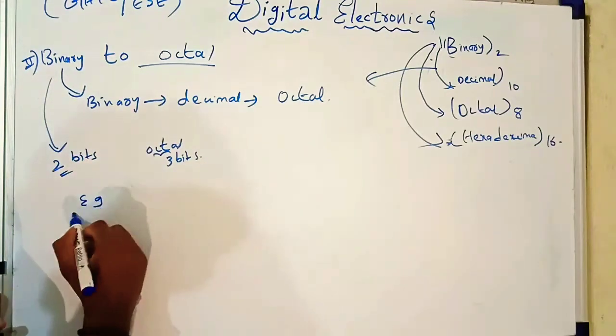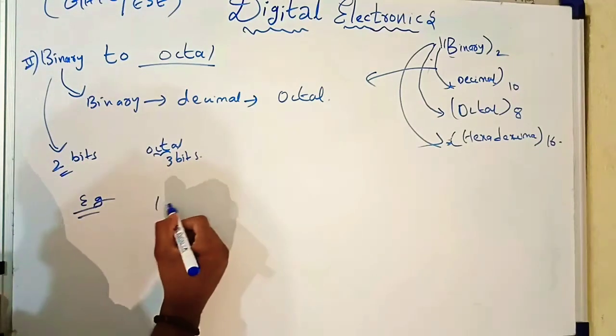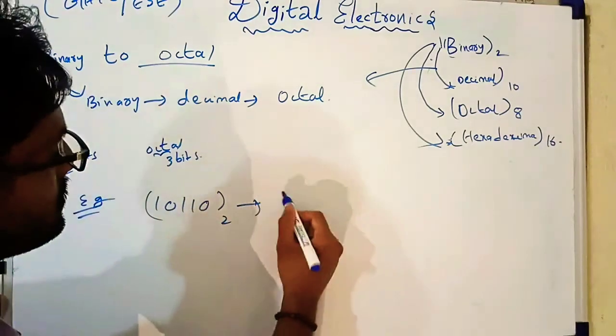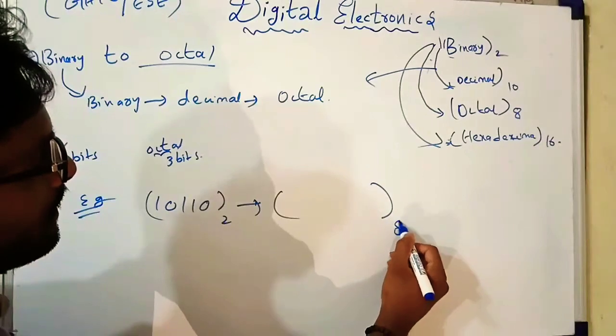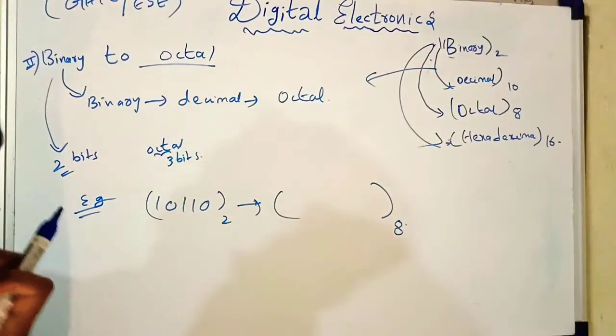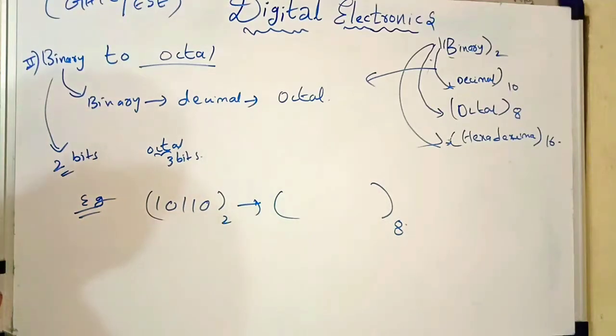Let us take an example of binary, which is 10110. We need to convert this to octal. For octal, we are using 3 bits.